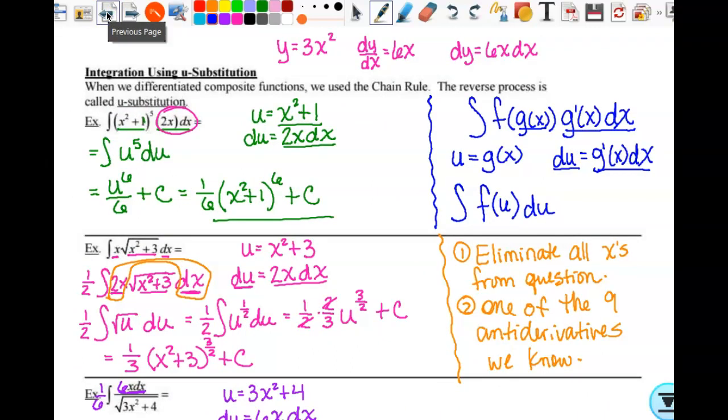Okay, it's going to be very similar to this one. So copy this problem down on the back, but leave off the exponent. Leave off that square.